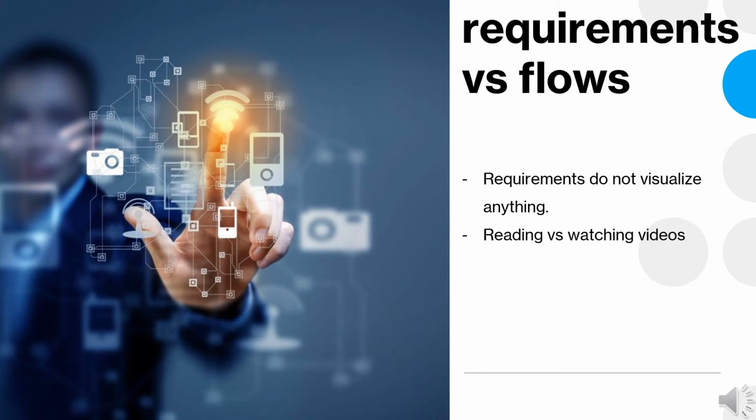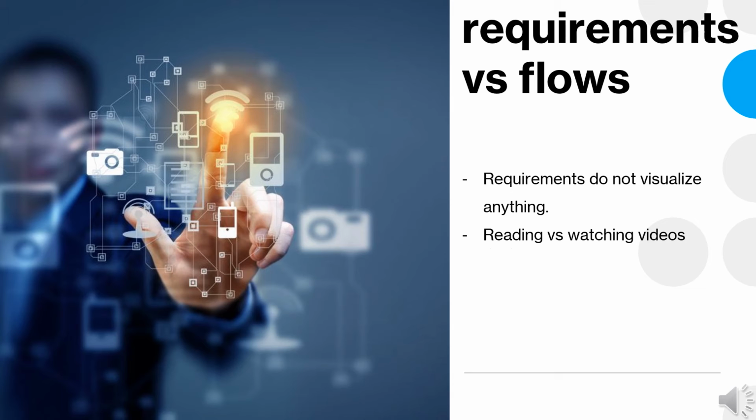So now that we have looked at requirements and flows individually, what is the difference between requirements and flows? Requirements are very dry and very abstract. They're just a whole bunch of words written on a document, and they don't visualize anything for the end user.